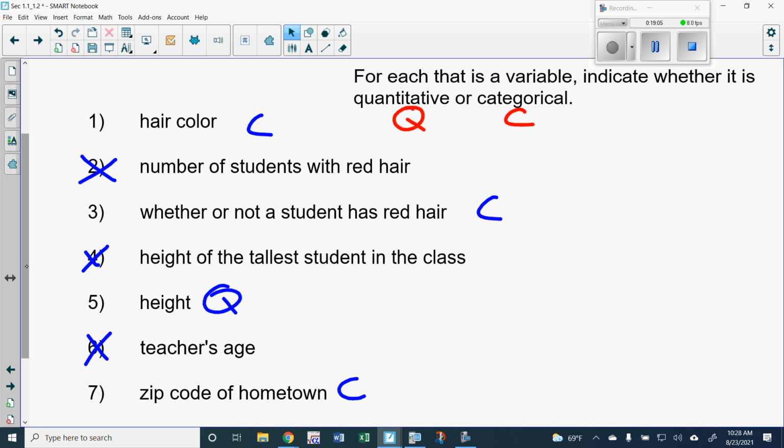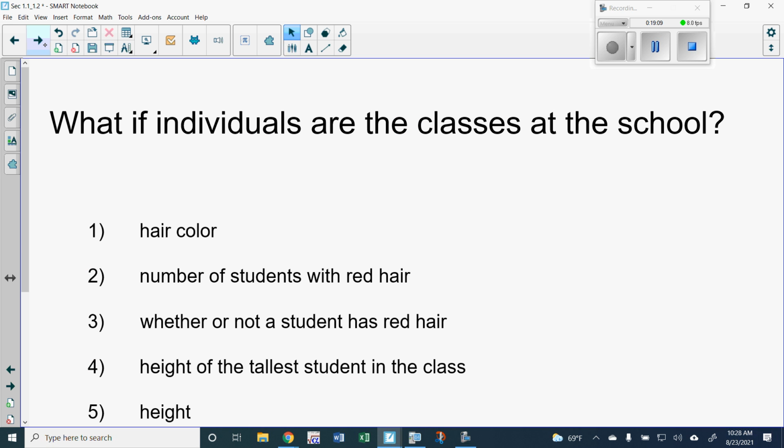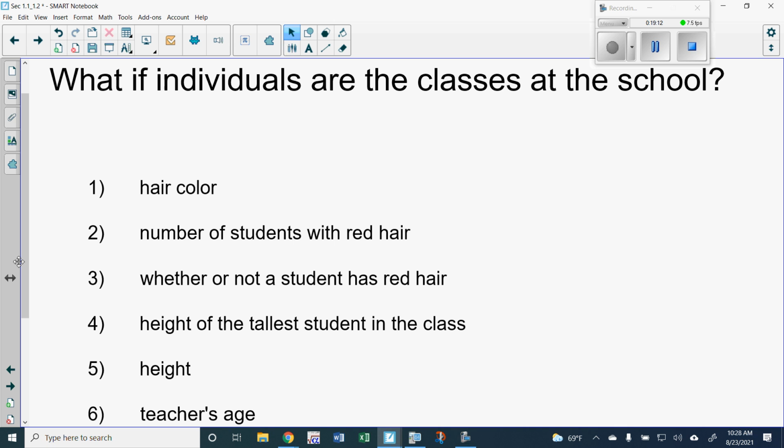It doesn't necessarily work. But the number of red hair, wouldn't that be different for each class? So that becomes a variable. The tallest student can become a variable. The teacher's age becomes a variable. So sometimes it depends on what the individual is, on what the variable is. And that kind of stuff is usually spelled out. You know what that is ahead of time.